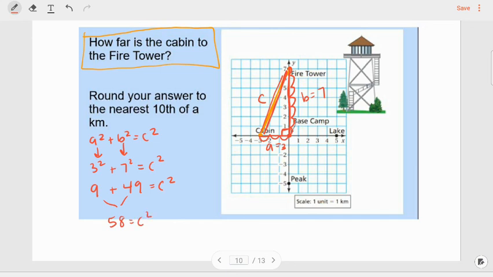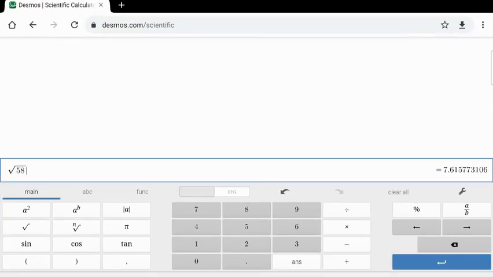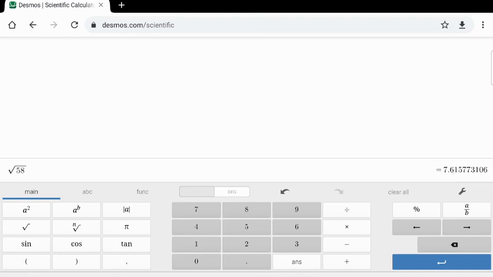Now that is not a perfect square, so I need a calculator. And the square root of 58 is 7.615, and it continues. I want to round to my nearest tenth, so I want only 1 decimal place.